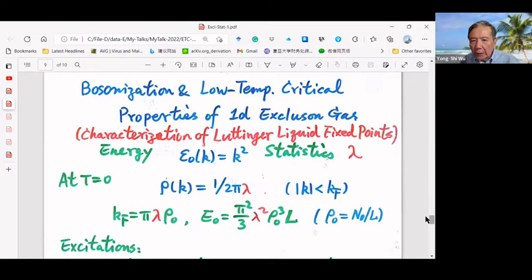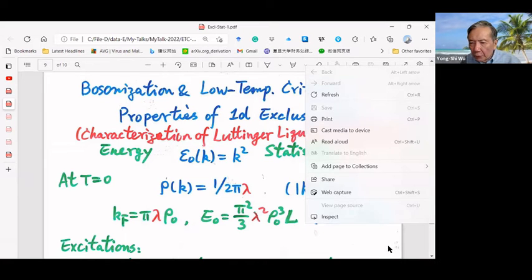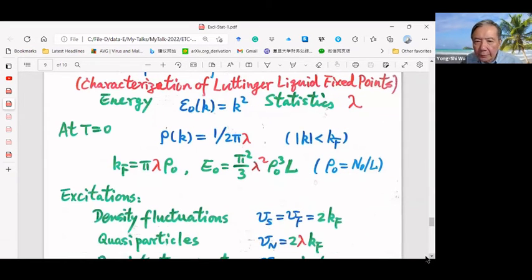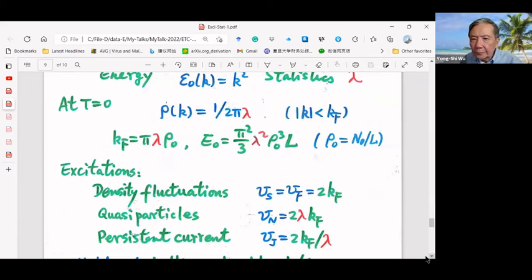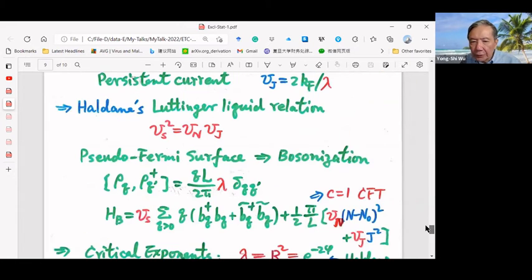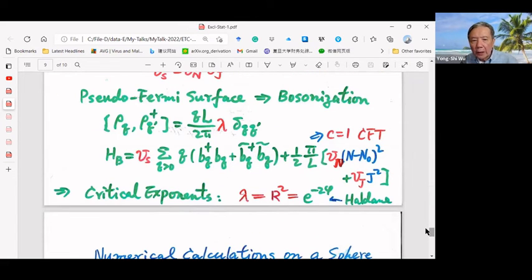Okay, so Luttinger liquid can be viewed as a fixed point for one-dimensional exclusion lambda, and Haldane's well-known result for Luttinger liquid can be completely recovered.